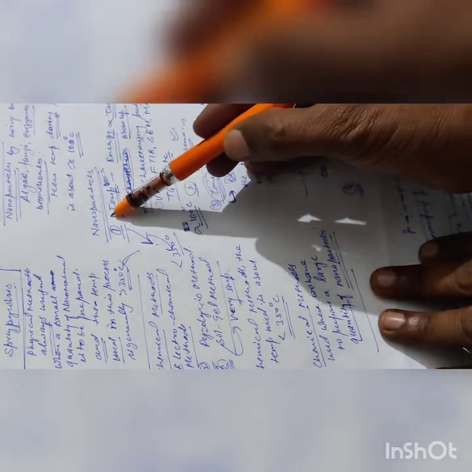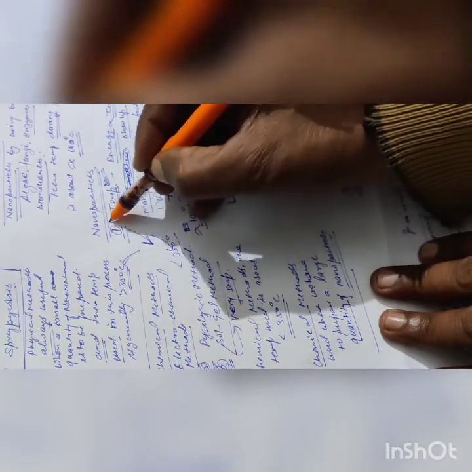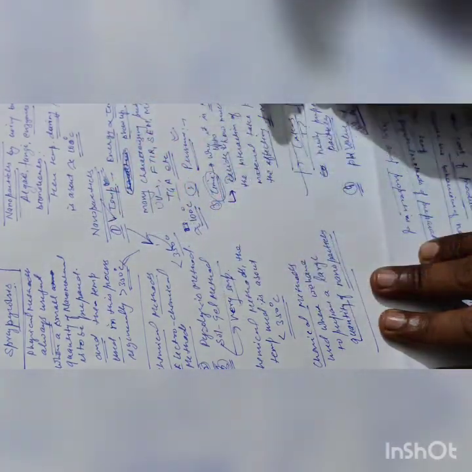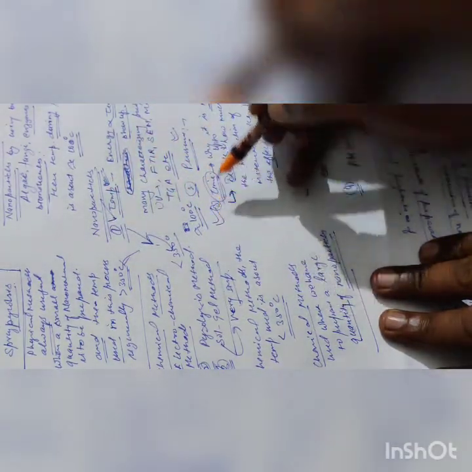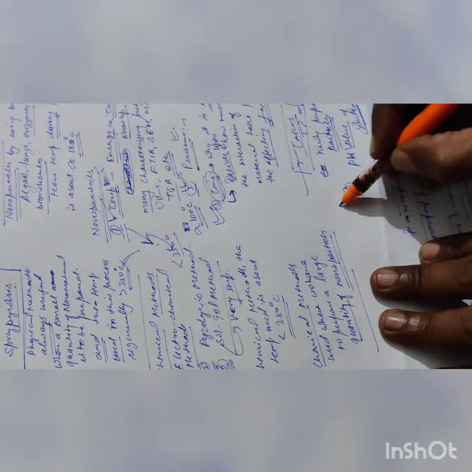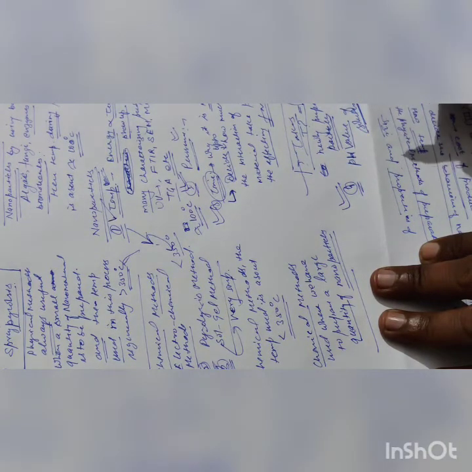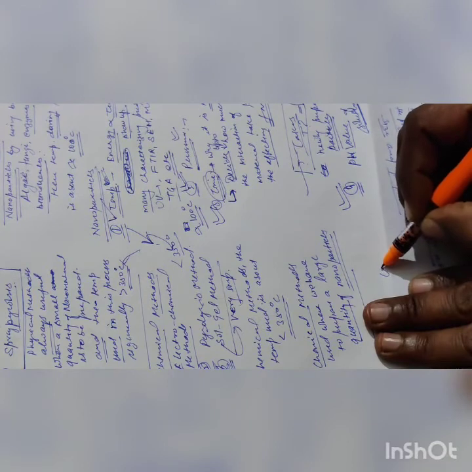First one is temperature. Second is time. Third one is pressure. Fourth one is pH value, and fifth and most important is cost of production.